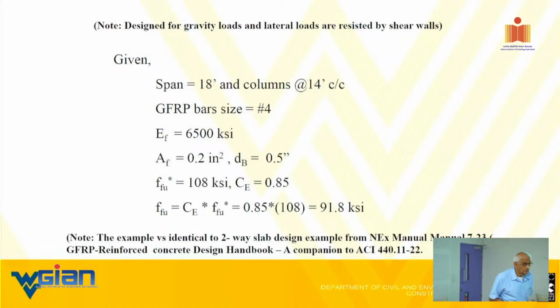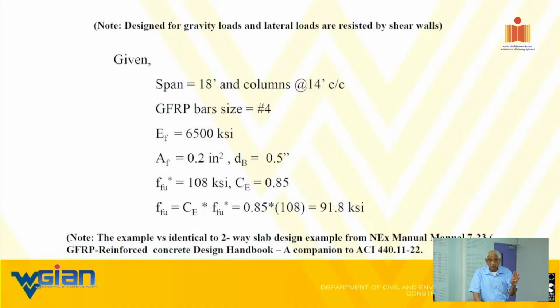So the FFU value is based upon this. Repeat: bar size. How will you get this FFU? It's given in the code. Always. Or ask the manufacturer to give it to you. But you don't want to assume it yourself because it depends on the fiber volume fraction, for example, that's a critical item. Or it depends on how good the bar is made. It depends on the type of resin. All these factors.